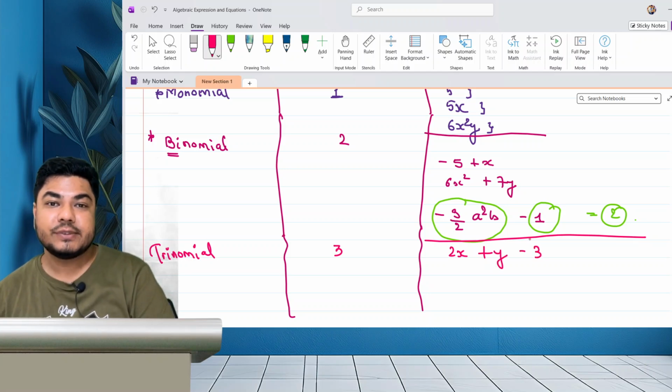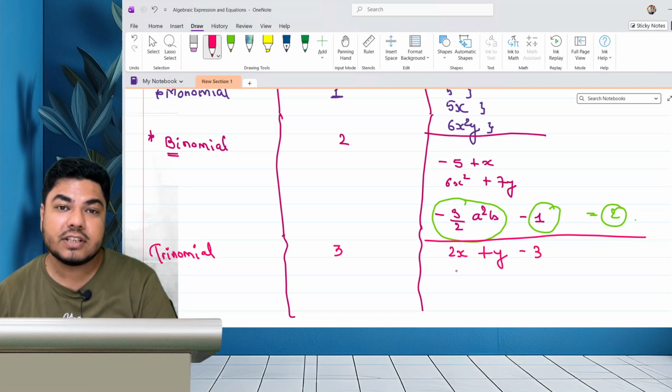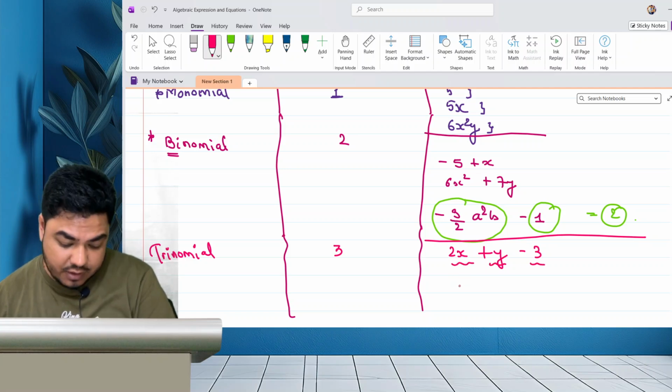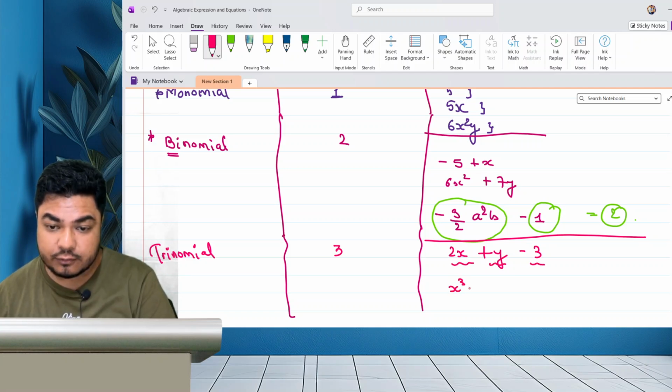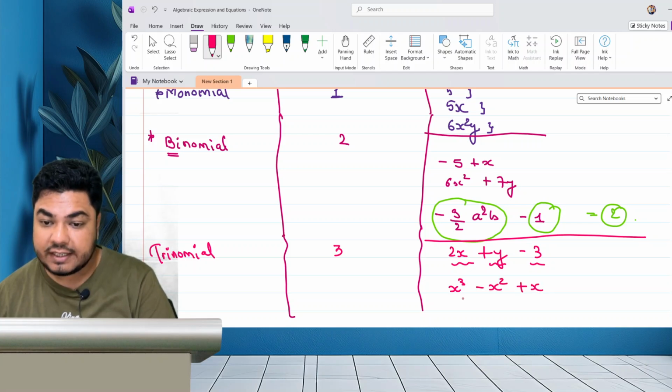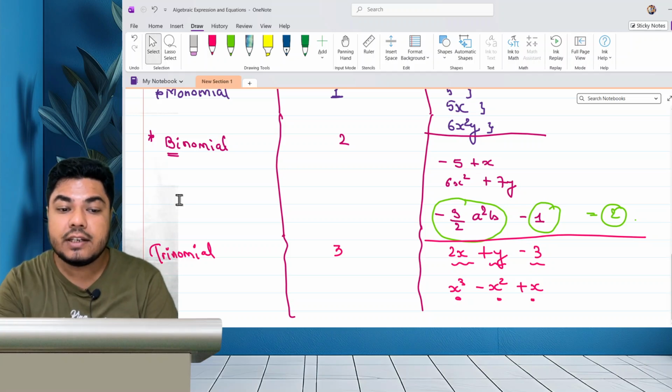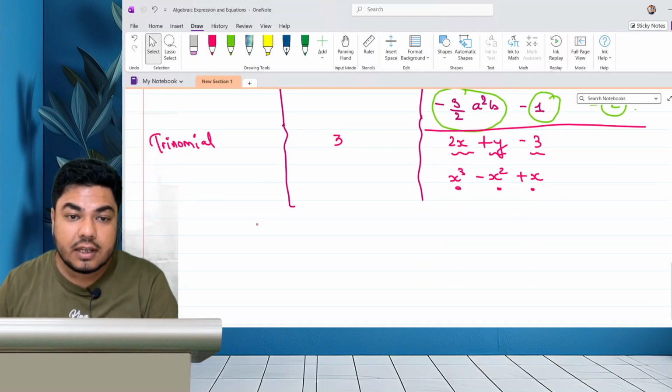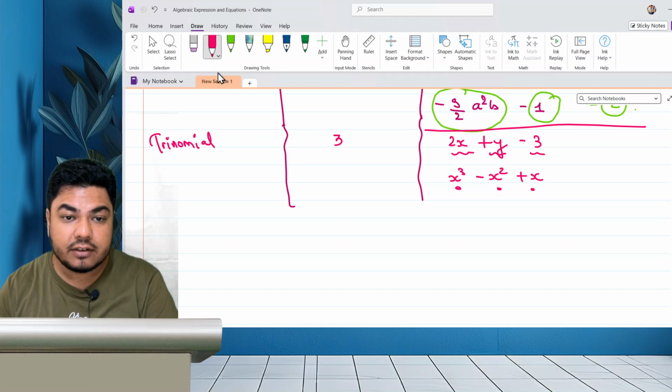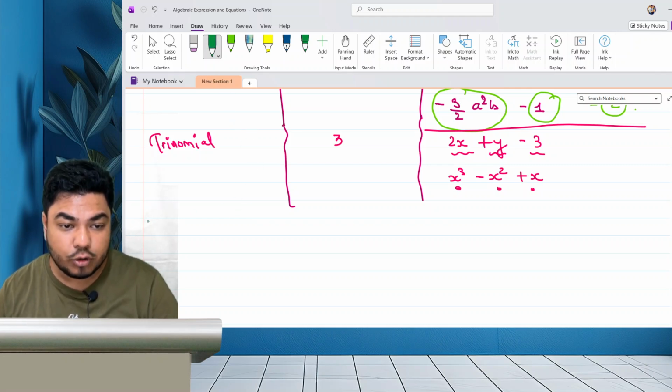All right, so you can see in the given expression there are three terms, and that is the reason it is called trinomial. One more example, if I write x cube minus x square plus x. Again, this is an example of trinomial because it contains three different terms. And now what we are going to write, the fourth type we have with us, that is polynomial.